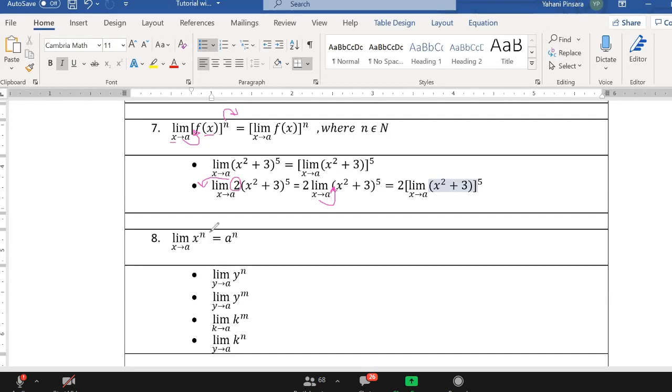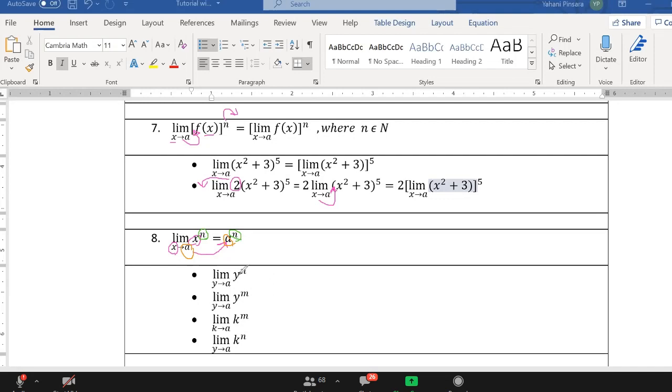Here n is a constant and x is the same variable which is shown in the limit. Then the answer is the nth power of the approaching value: a comes here and n comes here.